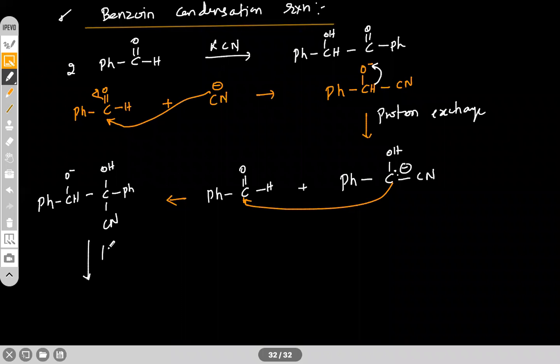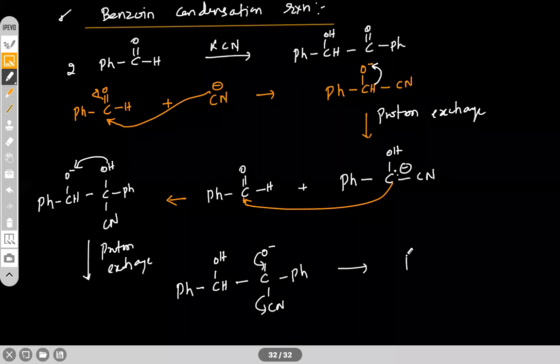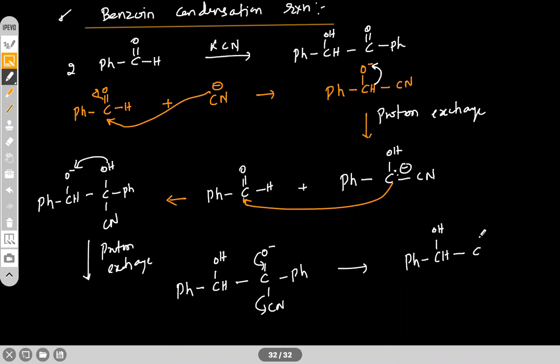Again, we have proton exchange here. H plus comes over here, converts into PhCHOH, CO minus, Ph and CN. Then when this lone pair converts into pi, CN minus comes out as a leaving group. So PhCHOH, C=O, Ph. This is the product of this reaction. So CN minus from KCN here is behaving as a catalyst.